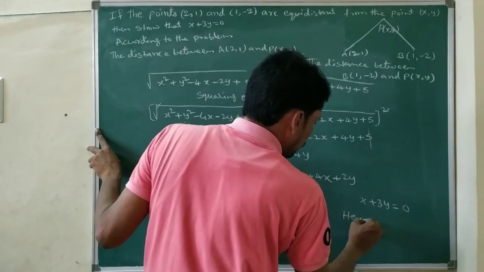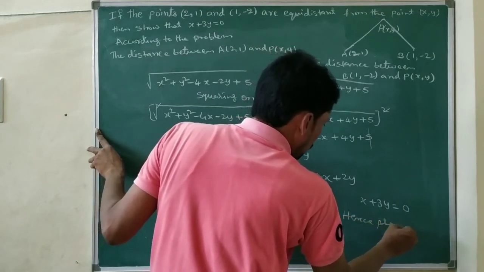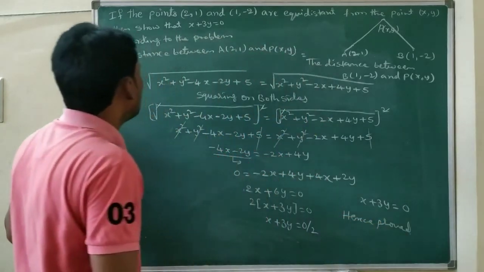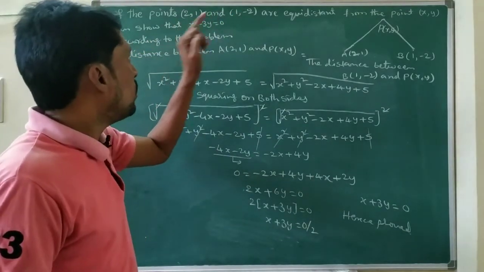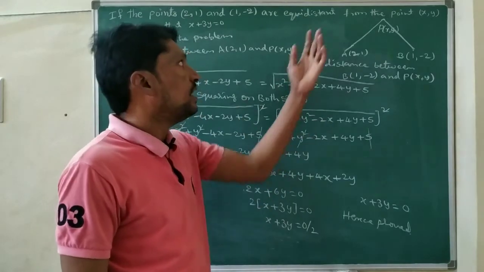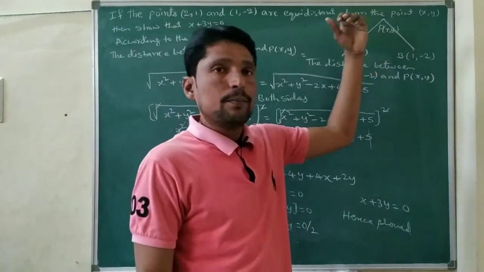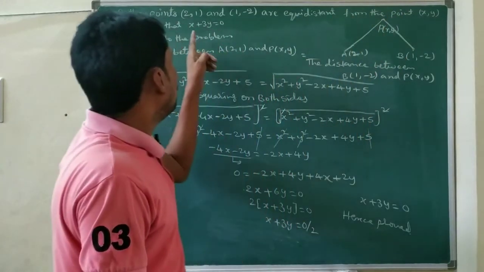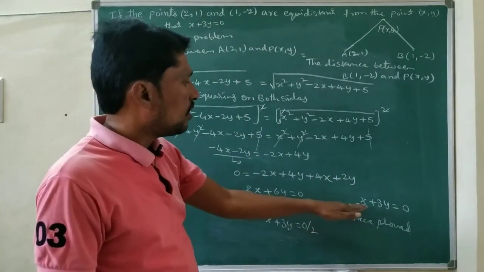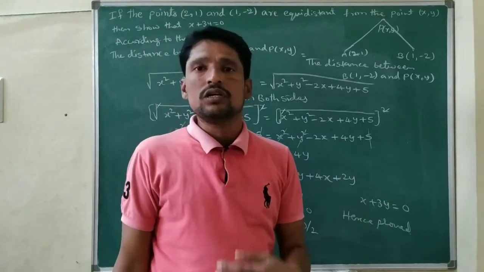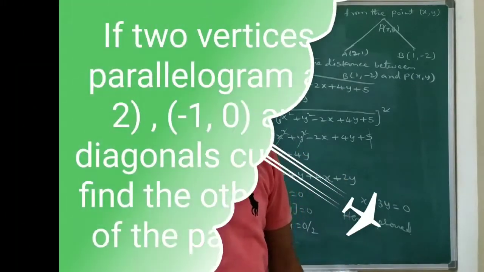So hence proved. What they asked here: these 2 points 2, 1 and 1, minus 2 are equidistant from the point P of x, y. We need to show x plus 3y equals 0. So we got the answer also, x plus 3y equals 0. Next question.